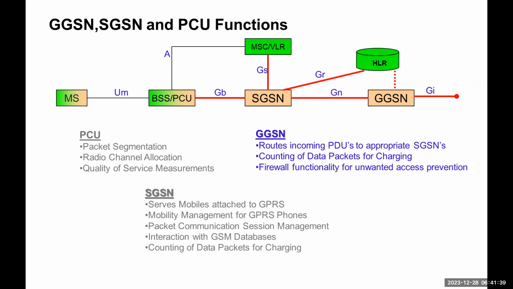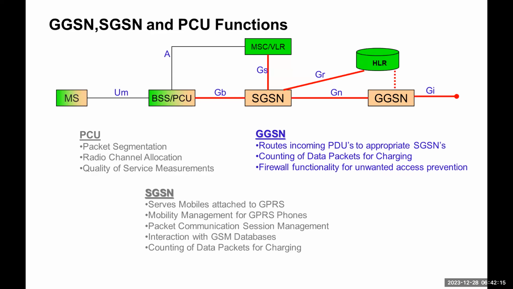The prime function of the GGSN is to route the incoming packets of data to the appropriate SGSN, which is supporting the wanted mobile station for the packet. The GGSN also needs to support some billing functionality like counting of data packets per connection, CDR, and the GGSN is responsible for providing the IP address to the mobile stations.